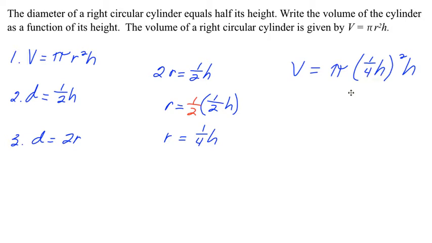When we expand what's in the parentheses, we get pi times 1/16 h squared times h. Simplifying a little, we get pi over 16 times h cubed. That now is our formula in terms of height, so V equals that.